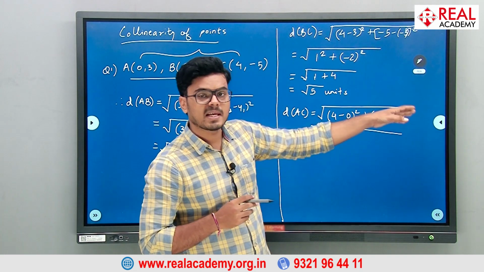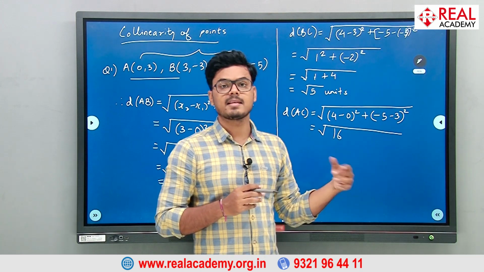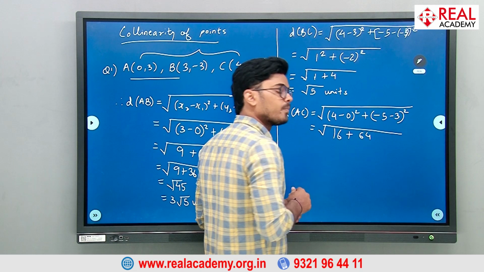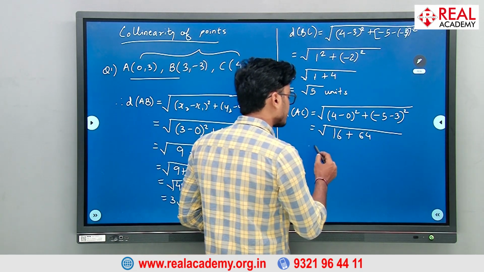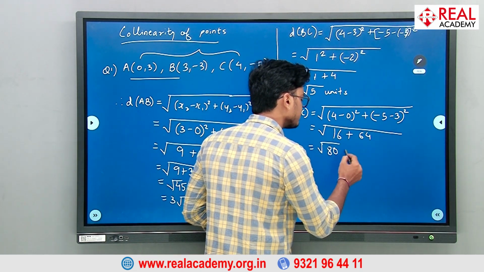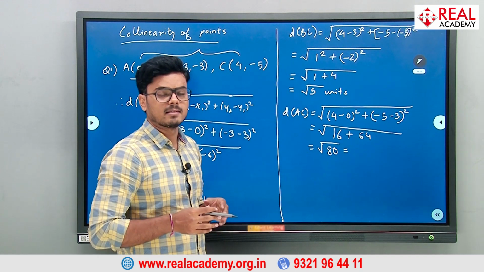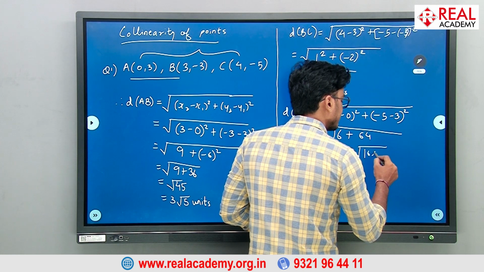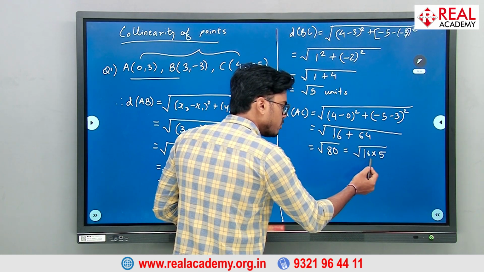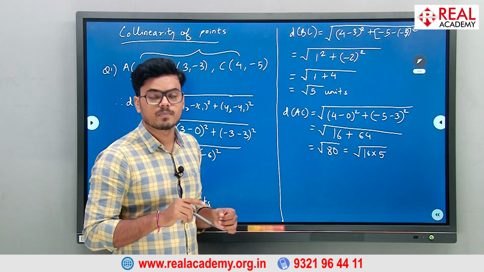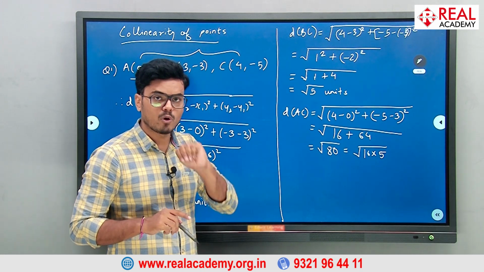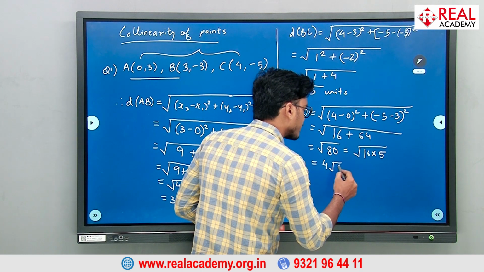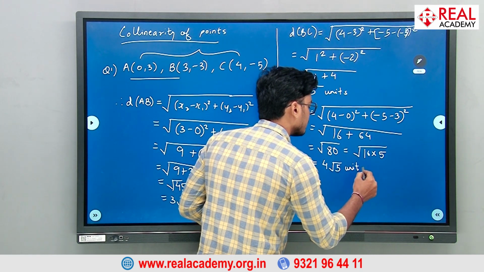Correct? Minus 5 minus 3 is minus 8. Minus 8 square will be positive 64. When you add these two, you will get square root of 80. 80 is what? 16 5s are 80. So I'll write 80 as 16 into 5, which means square root of 16 can be taken outside. Square root of 16 is 4. So this can be simplified as 4 root 5 units.